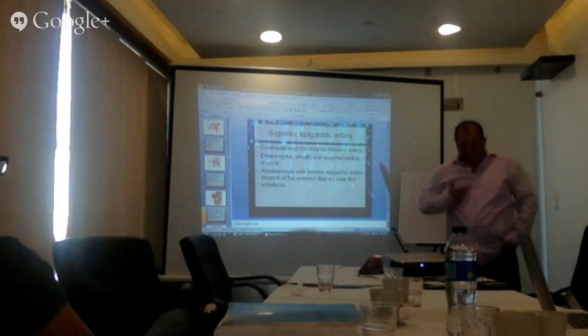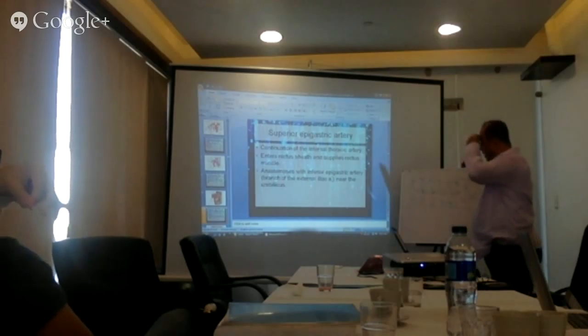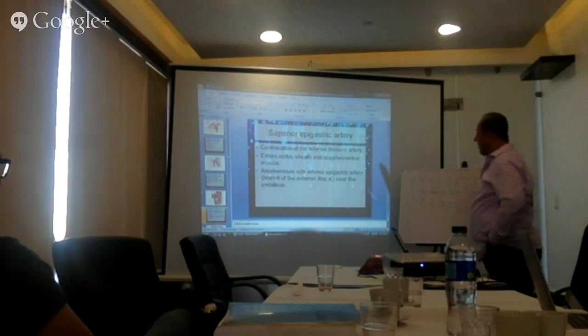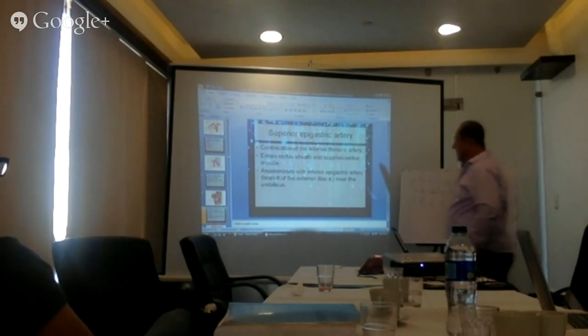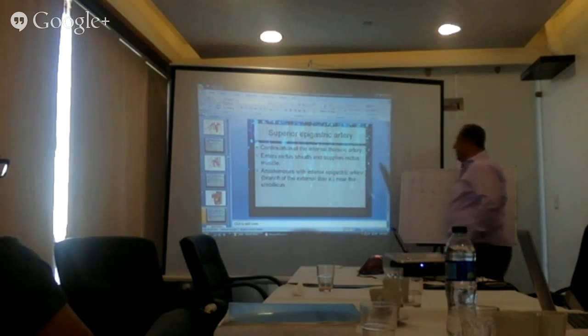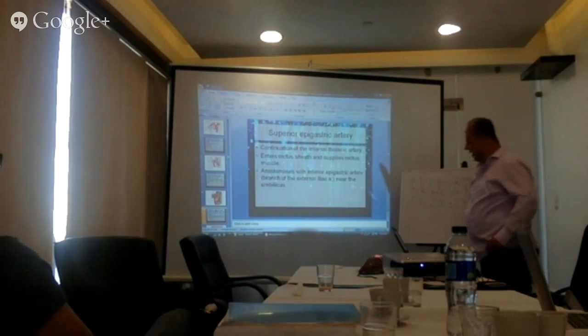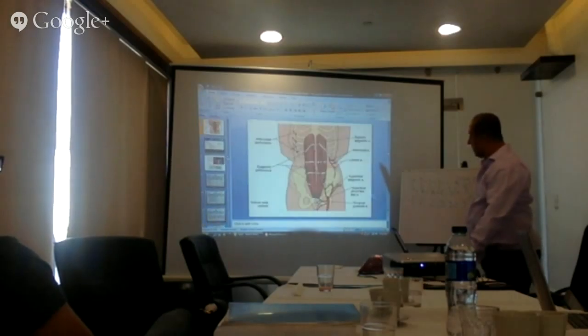The rectus muscle we have in the midline, and we have the left side as well as the right side. So this superior epigastric artery, which enters the rectus sheath and supplies the rectus muscle, is the one which is going to anastomose with the inferior epigastric artery, which is a branch of the external iliac, near the umbilicus.